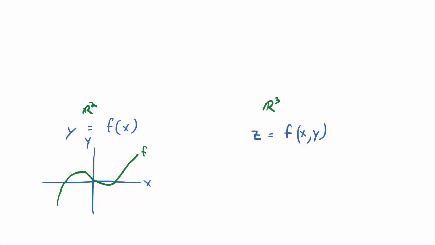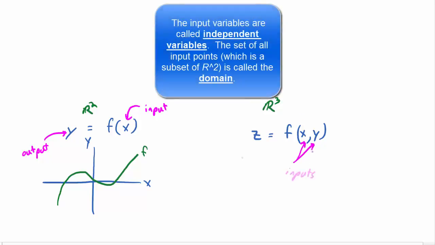So if you think about it, in Calc 1 you had one input variable and one output variable in your function. For the most part in Calc 3, we're going to have two input variables and one output variable.